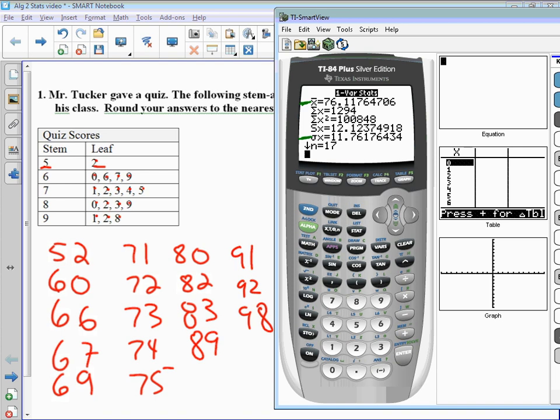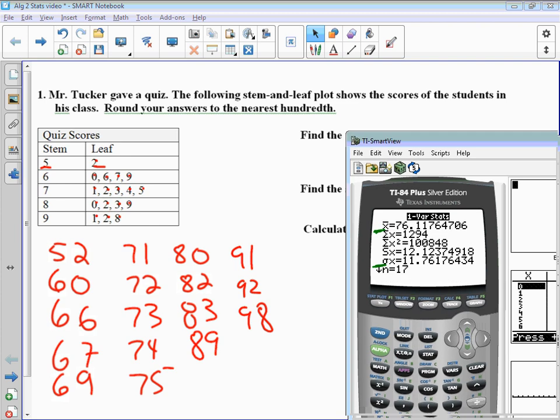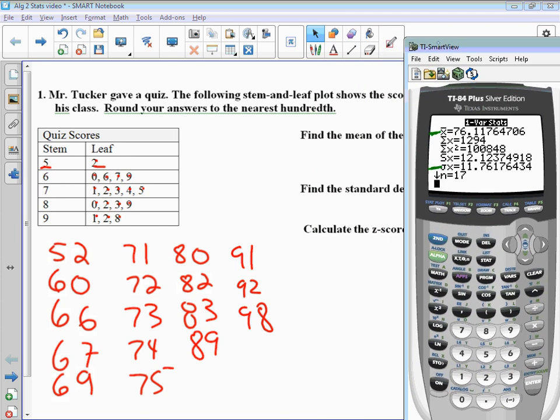So it said round to the nearest tenth. So the average is 76.1, and the standard deviation is 11.8. Because when it says round to the nearest hundredth. Okay, well that's different.